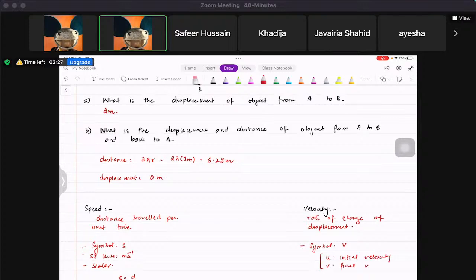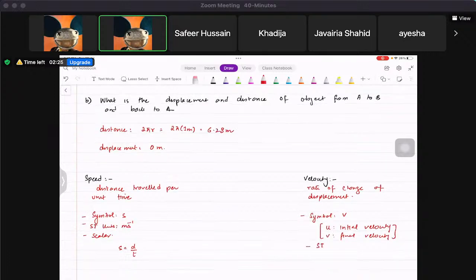And then the SI units are the same, but this is a vector quantity. So velocity is displacement over time, like that. All right.